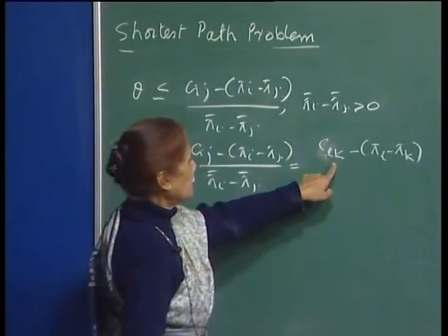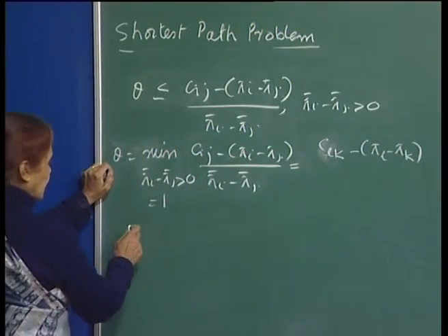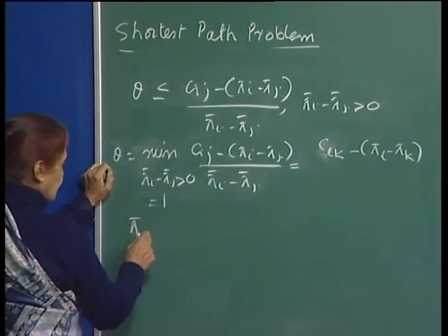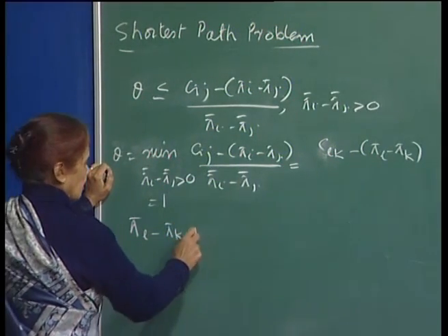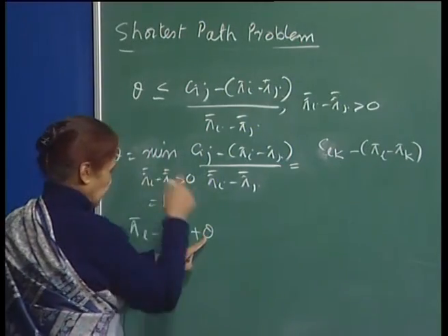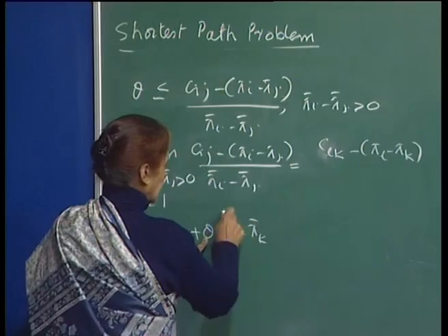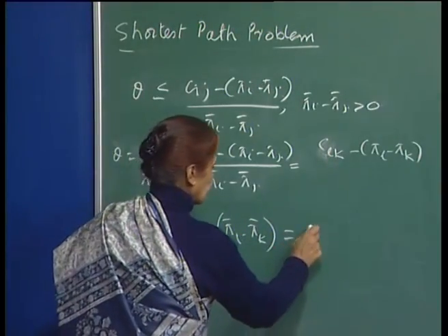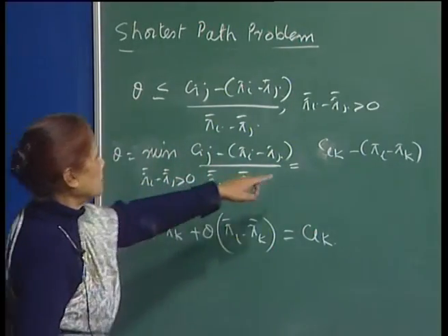So, actually your theta is nothing but this number, right, and for this number, when you compute pi_l minus pi_k plus theta times (pi_l bar minus pi_k bar), this will be equal to c_lk. That's because of the definition, right.